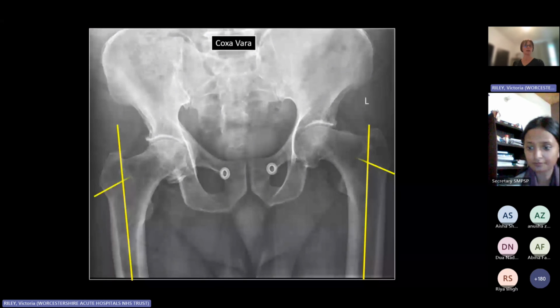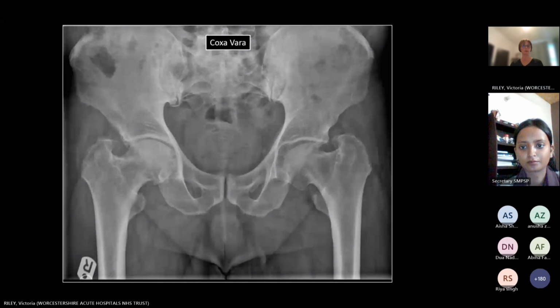Now, we can see in this patient here, if I put the line up through both of my femoral shafts, and then I draw a second line through my femoral necks, I can see that the patient has this walking stick or hook deformity. So this is going to change the load distribution, and you can see the patient is likely to have a degree of impingement laterally, particularly on the left, because they haven't got that smooth contour.